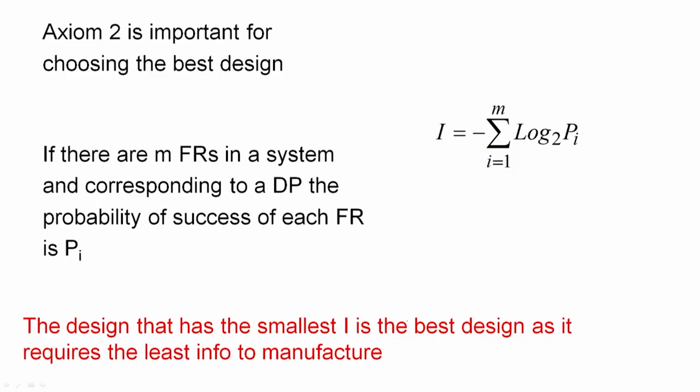And you would see invariably it will have the sum of all the probabilities of success corresponding to each of the FRs. Now, why is this sum to be done? Well, it is very simple. If it is a joint probability, then instead of taking the product of the probabilities, we take the log of it, so that you can actually sum it up, because you know that the log of a product is equivalent to the summation of the logs of each one of the probabilities.